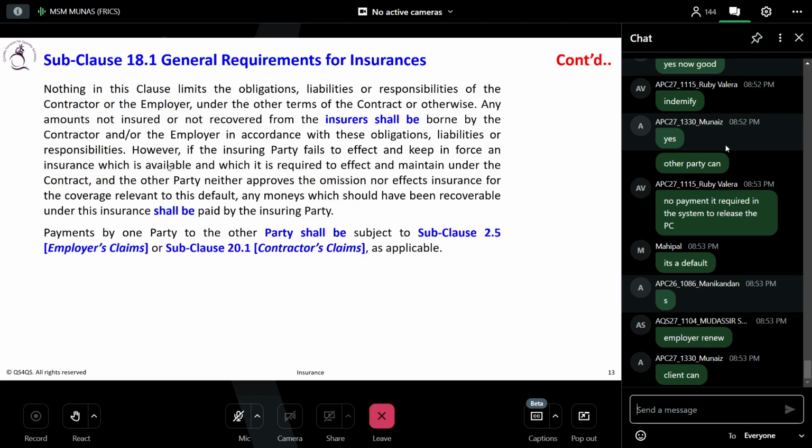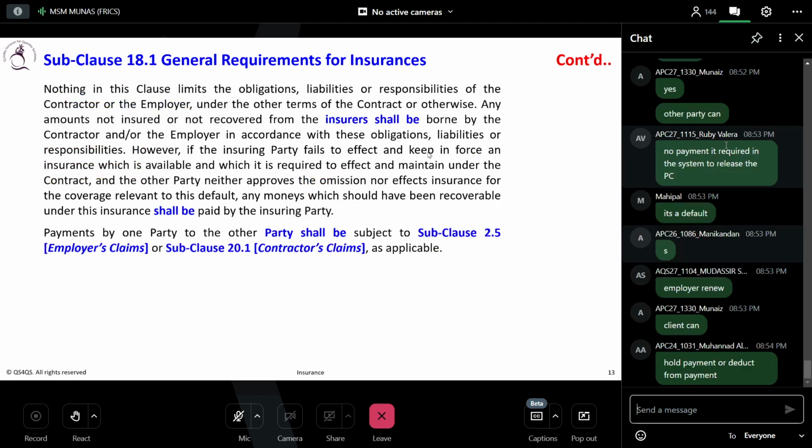Nothing in this clause limits the obligation, liability, or responsibility of the contractor or the employer under the other terms of the contract or otherwise. Any amount not insured or not recovered from the insurers shall be borne by the contractor or the employer in accordance with these obligations, liabilities, and responsibility.